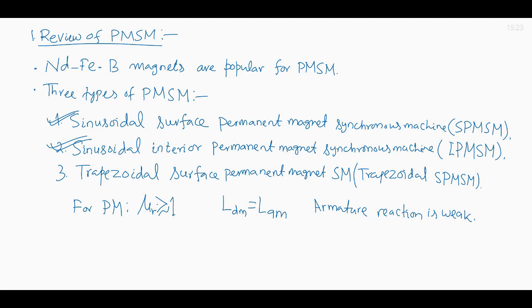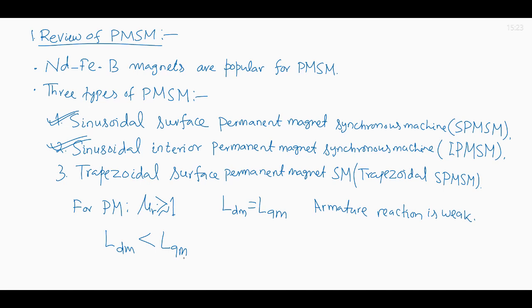So in the second type, IPMSM, magnetizing inductance along the D axis is less than magnetizing inductance along the Q axis, because permanent magnets are equivalent to air gap. So effective air gap is larger along the D axis, hence inductance is less.